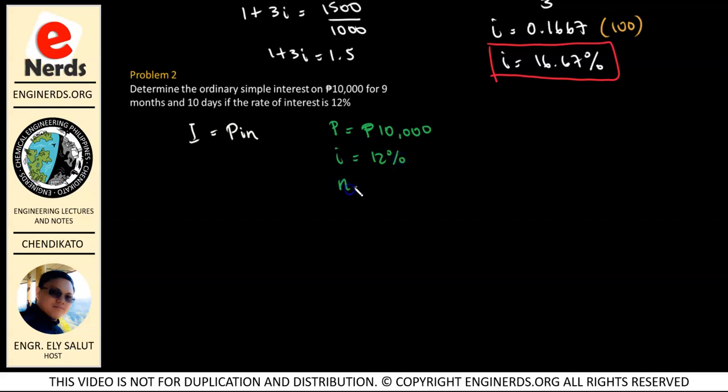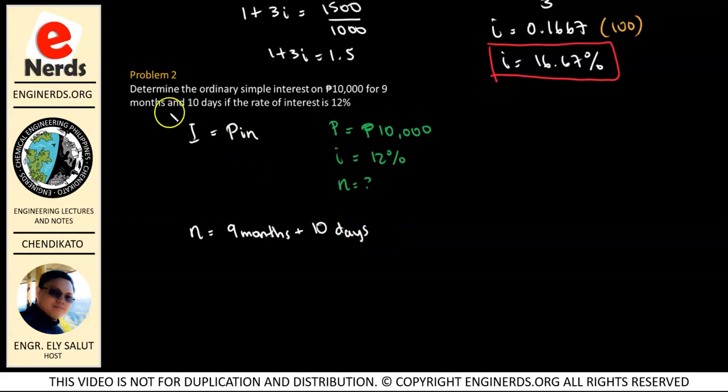At ang hindi natin alam right now is yung ating N. So, we need to solve for the value of N in terms of years. So, ano ba yung N natin? Sabi dito, our N is 9 months plus 10 days. So, we have to express this in years.